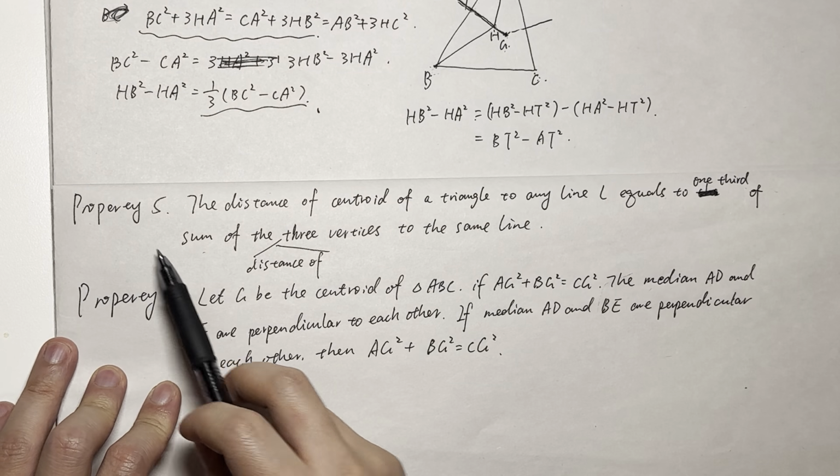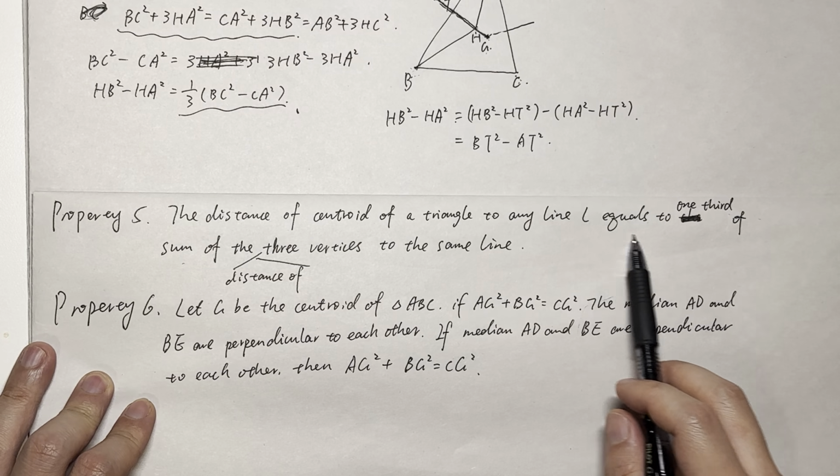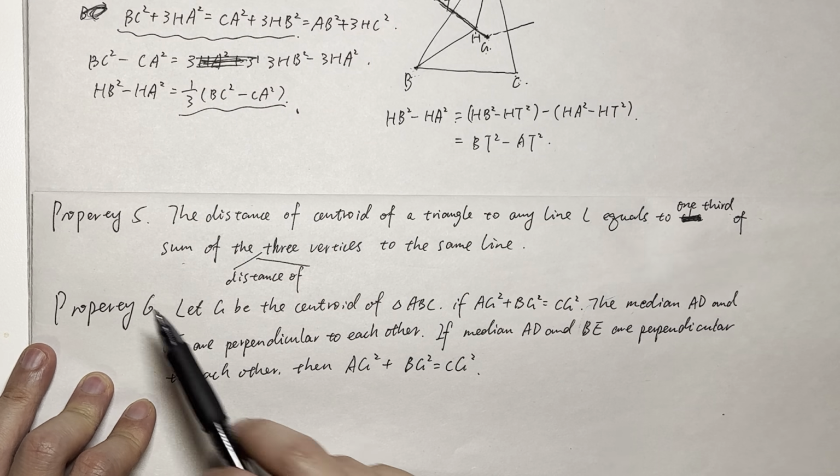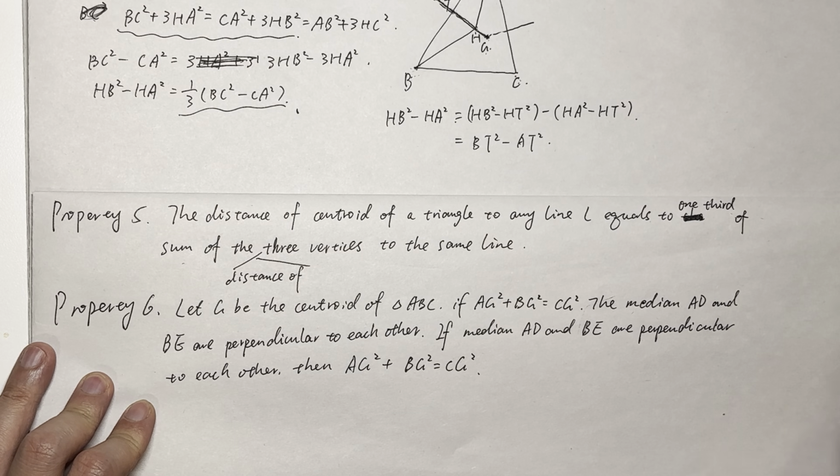Property 5. The distance of the centroid of a triangle to any line L equals 1/3 of the sum of the distances of the three vertices to the same line.